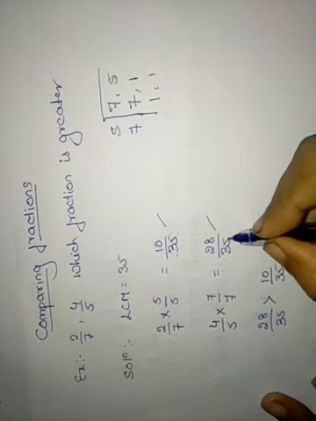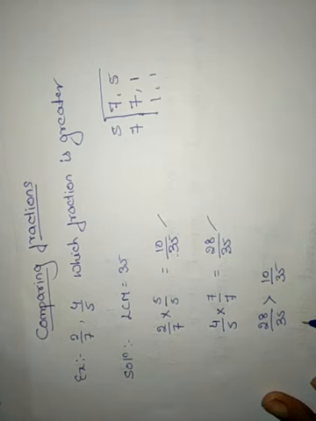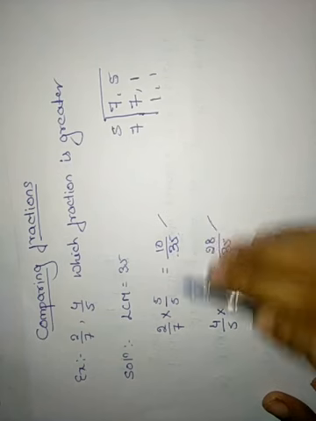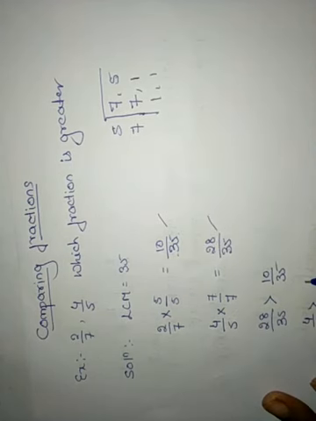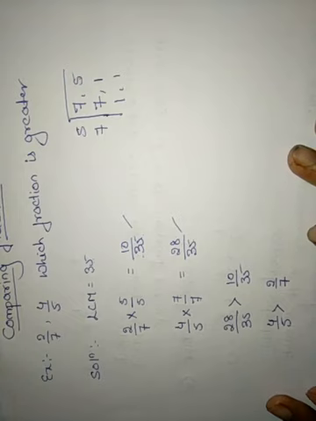Here 28 divided by 35 means what? 4 by 5. That is, 4 by 5 is greater than 10 by 35, which means 2 by 7. Here 4 by 5 is greater than 2 by 7. This is the process of how to find the greatest fraction or the smallest fraction.